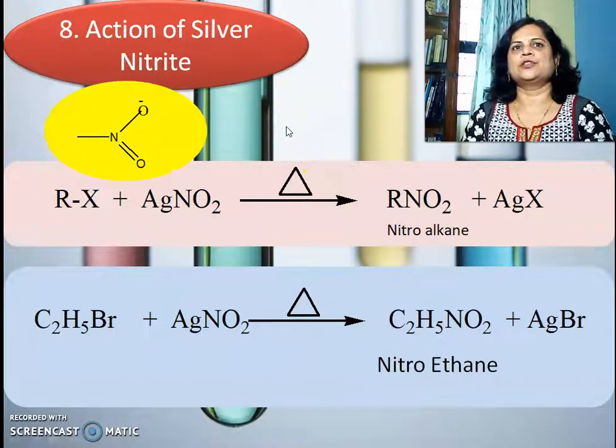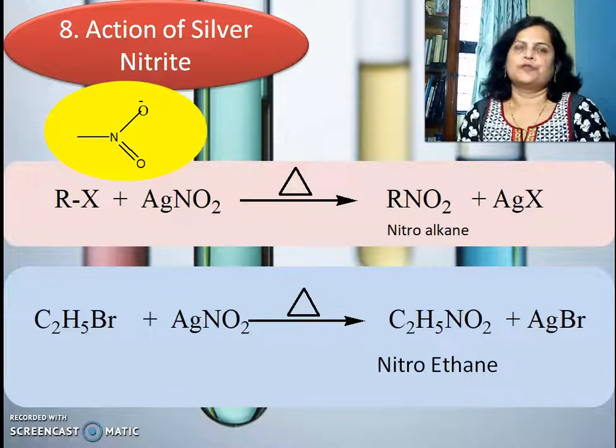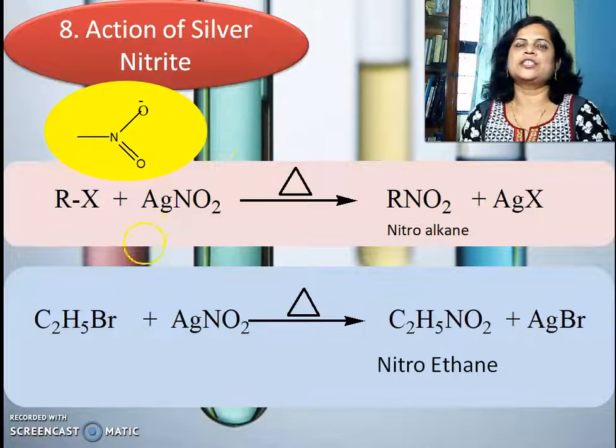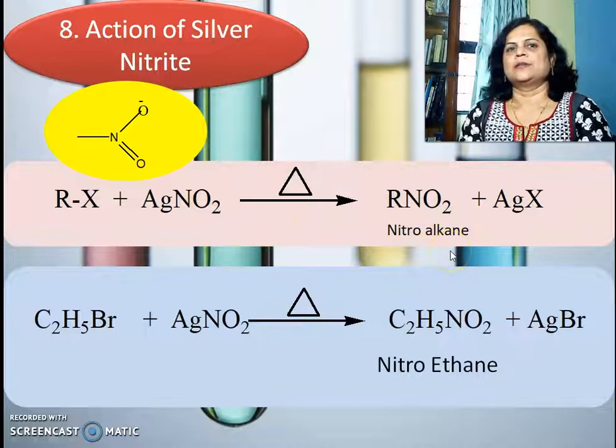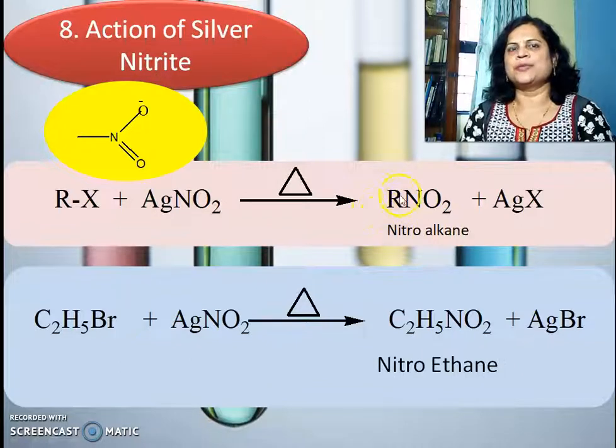Next reaction: action of silver nitrite. The formula for silver nitrite is AgNO2. Alkyl halide with AgNO2 on heating forms nitroalkane. In the nitroalkane, the R group is bonded with the nitrogen of the NO2 group, and they are referred to as nitroalkanes. So ethyl bromide is converted into nitroethane by using AgNO2.